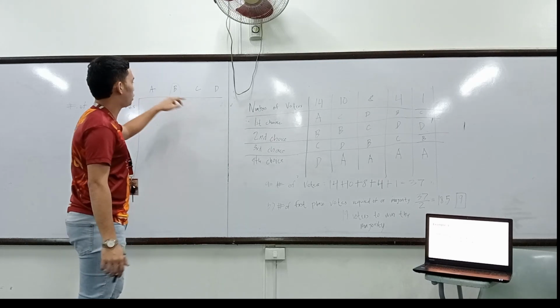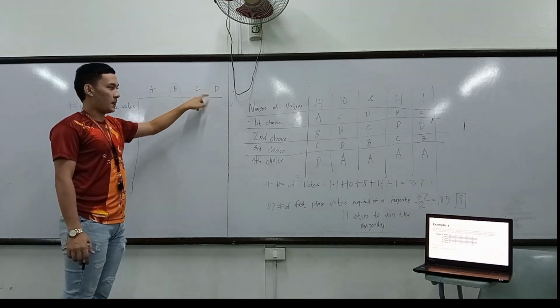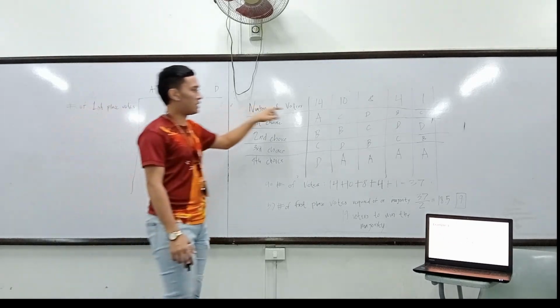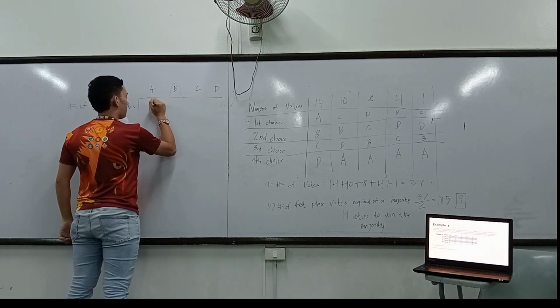First, we need to put the candidates, also known as A, B, C, or D. So first, we need to find the votes of candidate A. Candidate A got 14 votes.